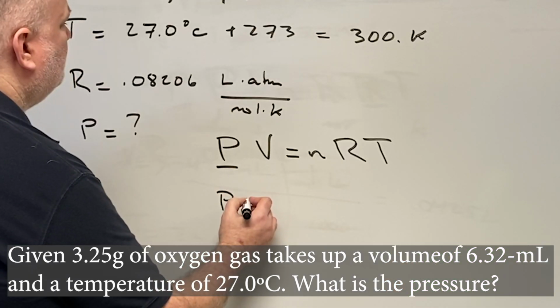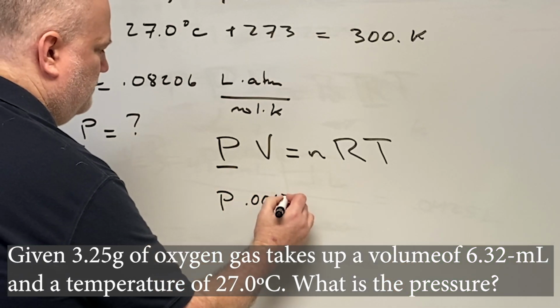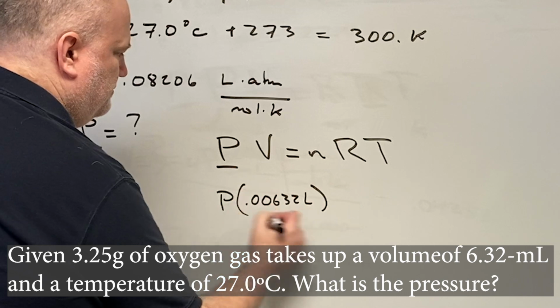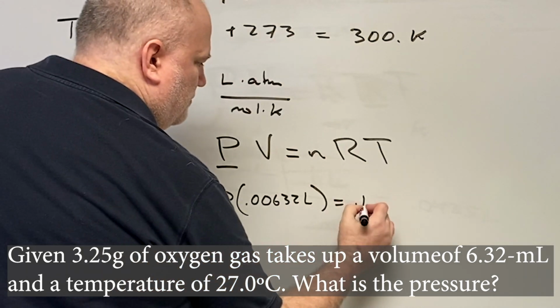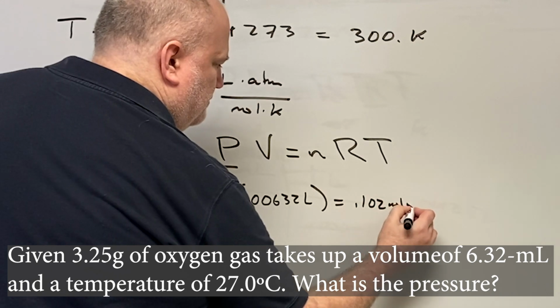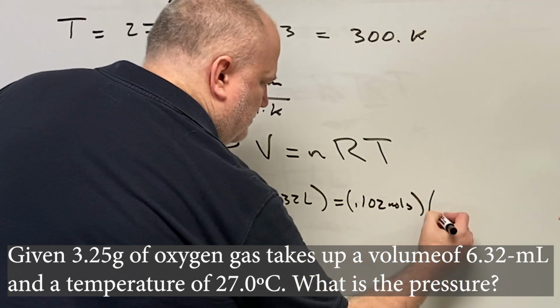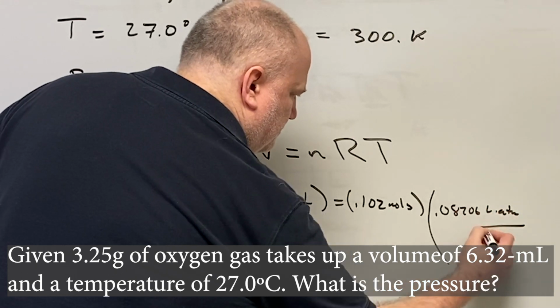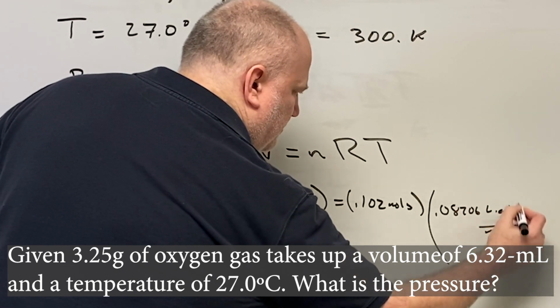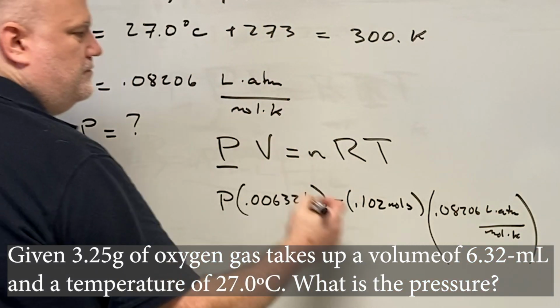So P times 0.00632 equals the moles. The moles was 0.102, right? We're plugging in our numbers. Times R, which is the constant, it doesn't change, the 0.08206 number. You can also round it, 0.0821 usually is just fine. And then the temperature was 300 Kelvin.